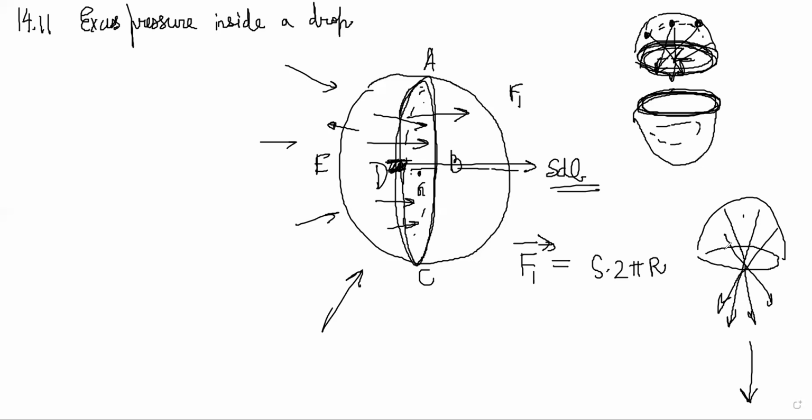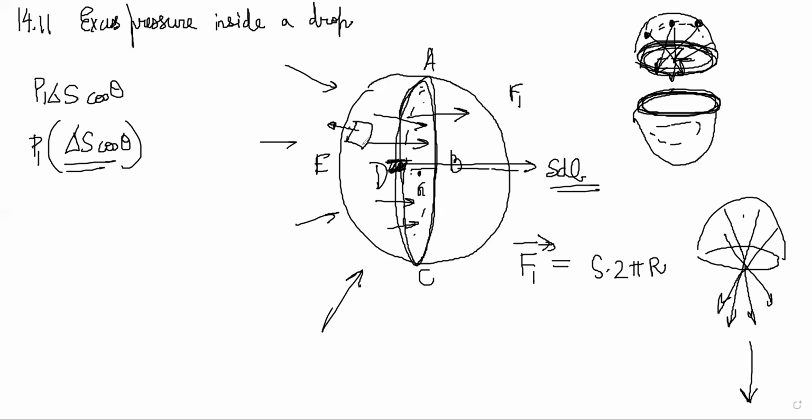Now, P1 delta S cos theta is the external force. You can just think of this as delta S cos theta into P1. What is delta S cos theta?